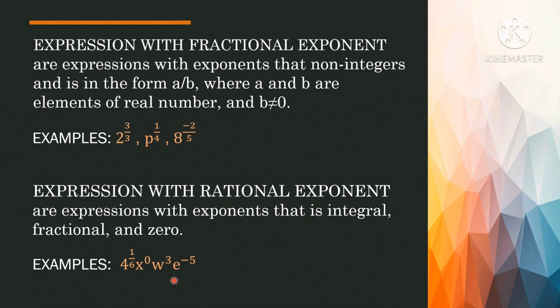Tulad po dito sa example natin. Example. So, 4 raised to 1/6, meron tayong fractional exponent. X raised to 0, meron tayong 0 exponent. W cube, okay, that is a positive integral exponent. And then, e raised to negative 5, which is a negative integral exponent.